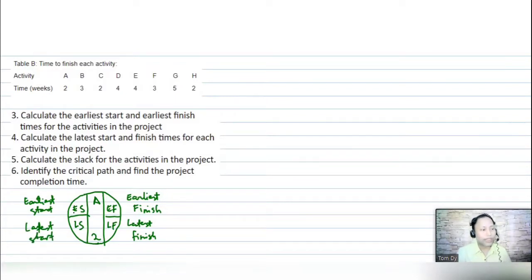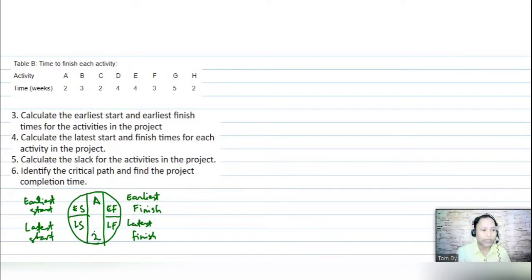Okay, what does earliest start, or ES, mean? This is the earliest time at which an activity can start, assuming all the predecessors have been completed. For the earliest finish, EF, this is the earliest time at which an activity can be finished.